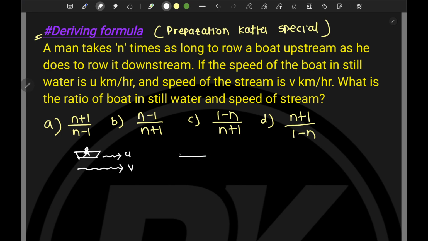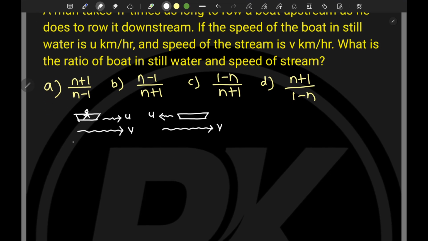The second condition is given. They are covering the same distance. Let us say they are moving in this direction and the stream is moving in this direction, again u and v. So this is downstream, this is upstream.